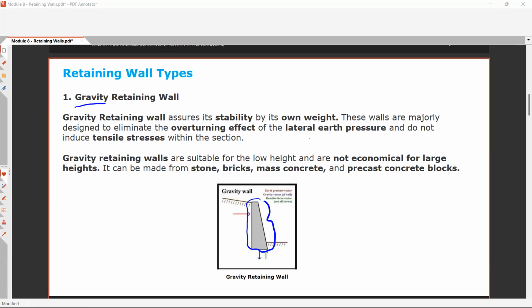If you recall, the factor of safety against sliding is mu Ry over Rx, and the factor of safety against overturning is Rm over Om, the resisting moment over the overturning moment. The resisting moment is due to the lateral forces, and the overturning moment is due to the gravity.